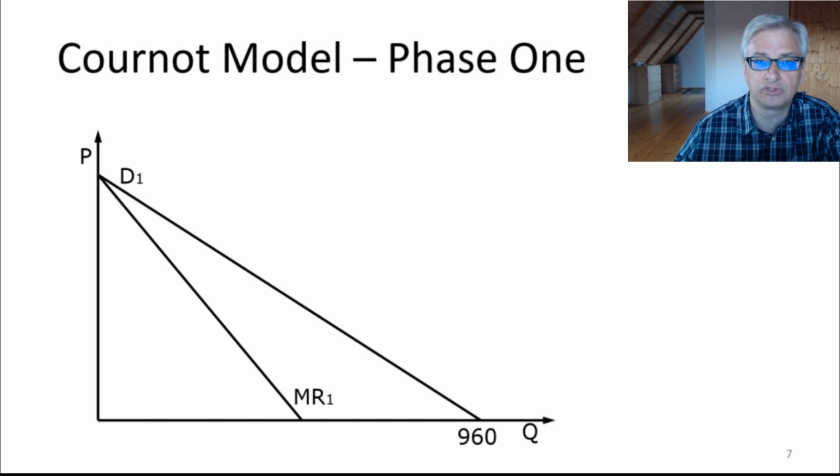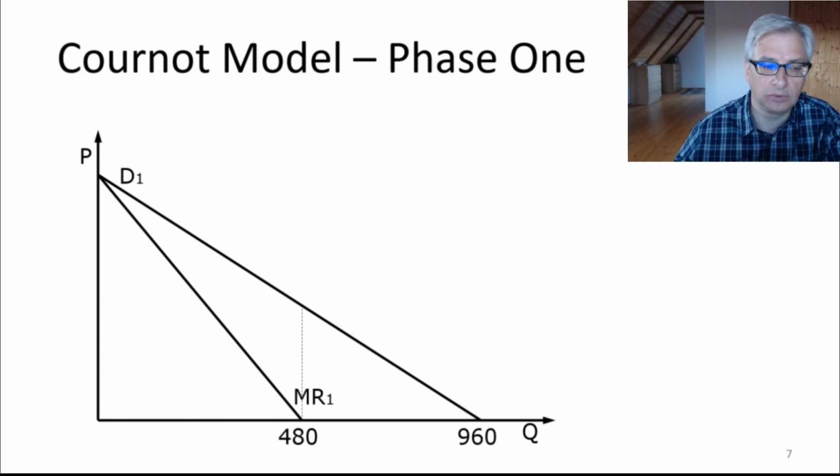And remember, marginal cost is zero, which means the marginal cost curve is actually the horizontal line of zero. So marginal cost lies exactly on the horizontal axis of Q. So the point of intersection between marginal revenue and marginal cost is here at 480.